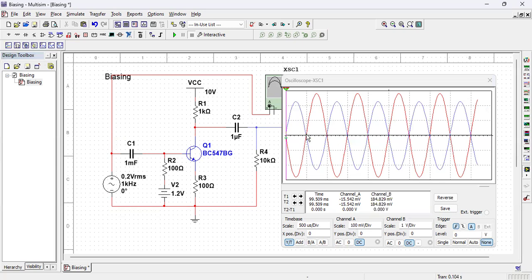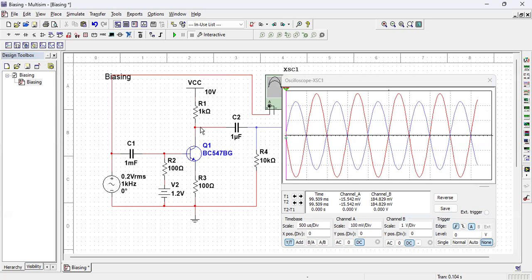When the red line, that is the signal, is positive, then the output is negative. That is because due to the DC bias, a fixed voltage of 5 volt appears here, and when there is a signal, current flows in the forward direction in the positive half, then the current flows from the power supply to the ground, and this potential increases.